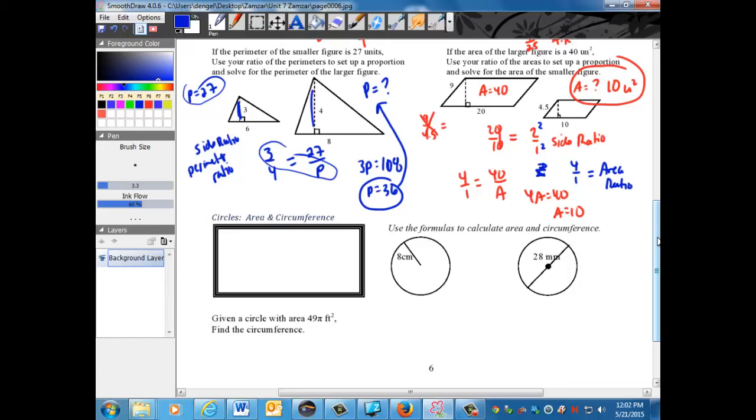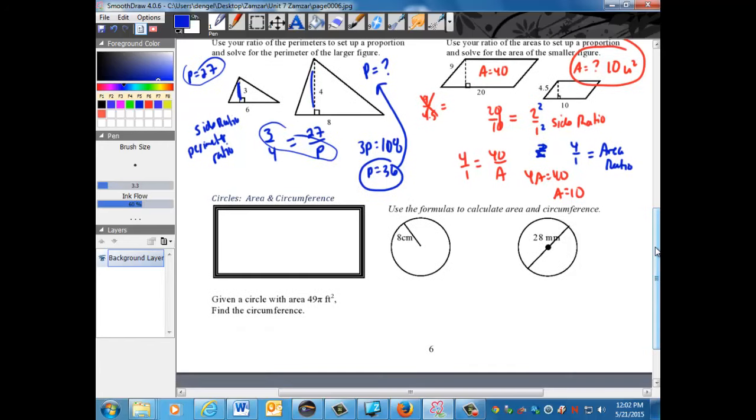And alright, let's start with our formulas. The area of a circle is always going to be pi r squared. To find circumference, which stands for perimeter, it can either equal 2 pi r, or you can do pi times diameter. Problem 1, C is equal to 2 pi times 8. That's going to be 16 pi.